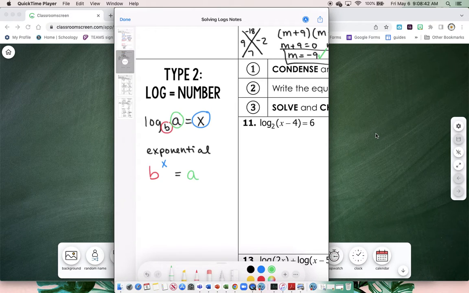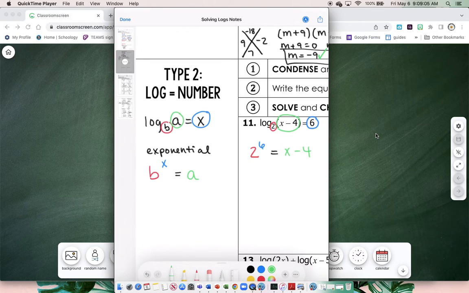So at number 11, log base 2 of x minus 4 is equal to 6. My base, my b, I'll circle it in the same color red. My base is 2 to the power of x. In this case, the x is the number on the right side, the 6, so 2 to the power 6, and set that equal to your a. Your a is what's in parentheses, x minus 4.